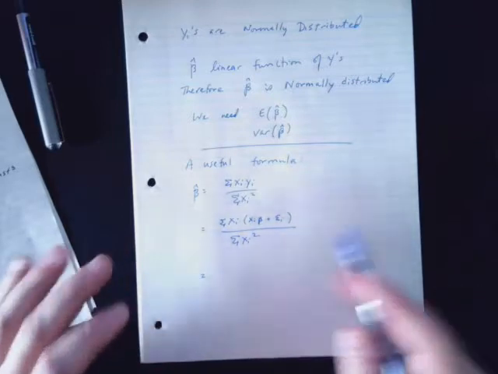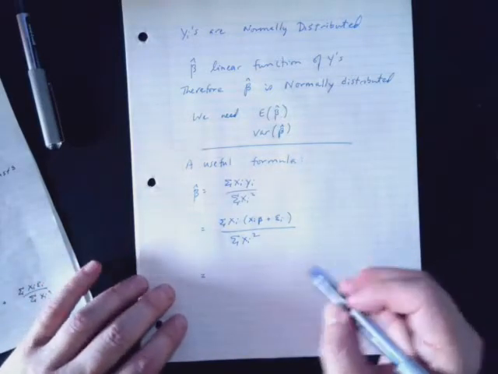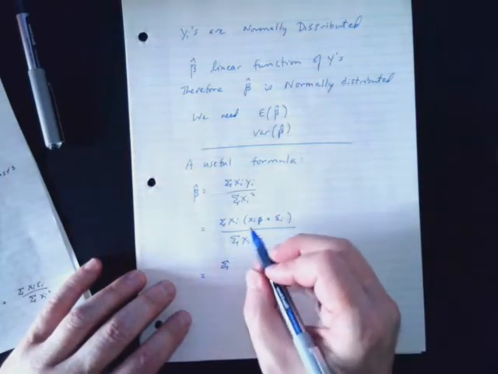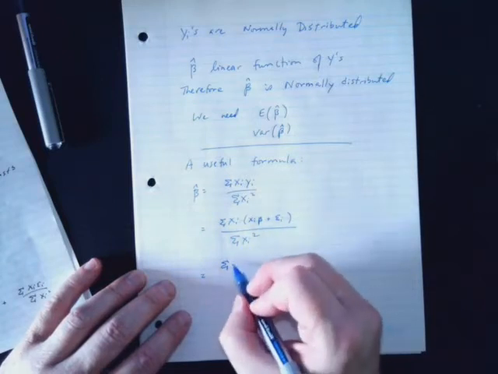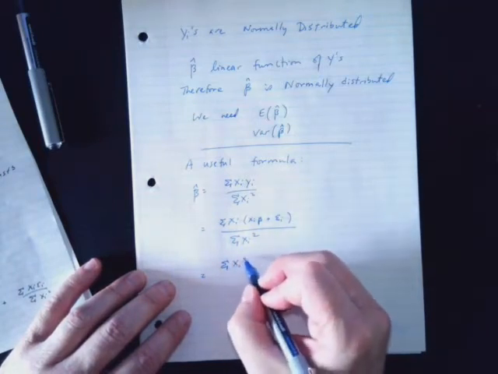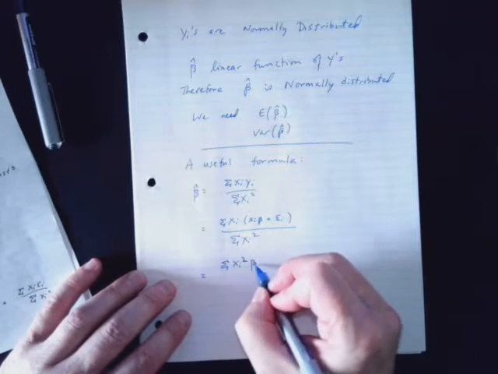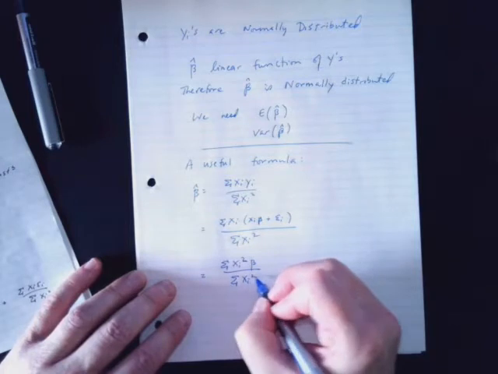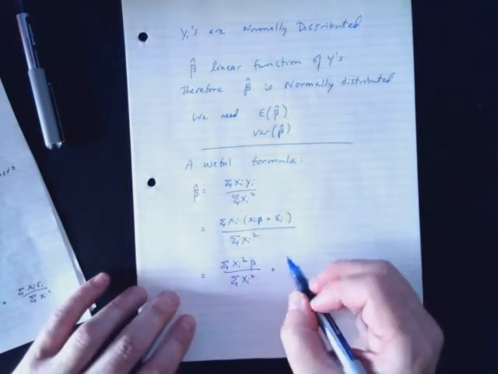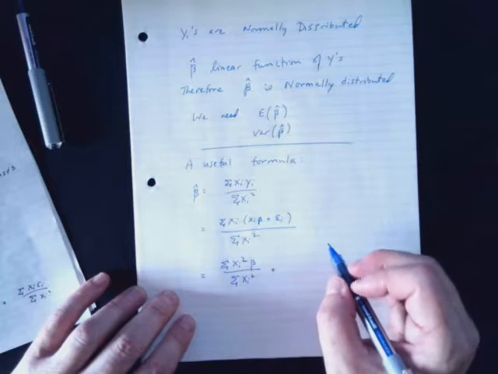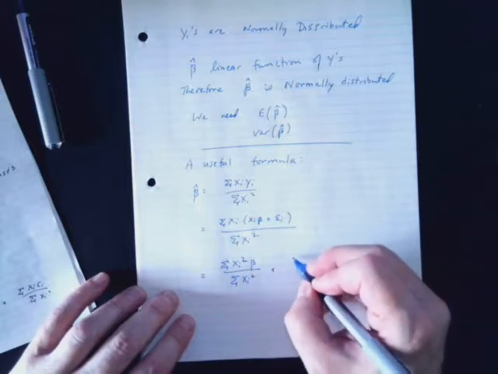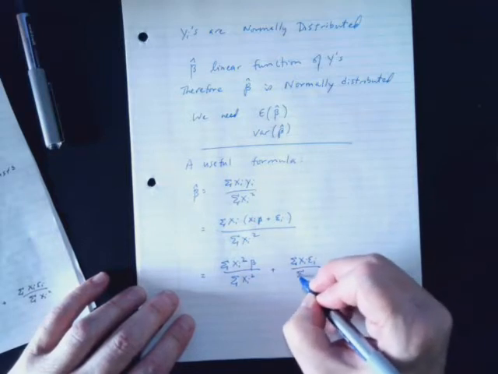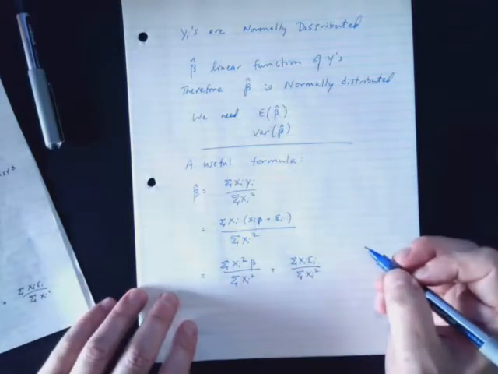And then if I use all those rules of summation, what I'm going to have up top is the sum of xi squared times beta over the sum of xi squared, plus, and now I distribute the x onto the epsilon, so that's the sum of x epsilon over the sum of x squared.